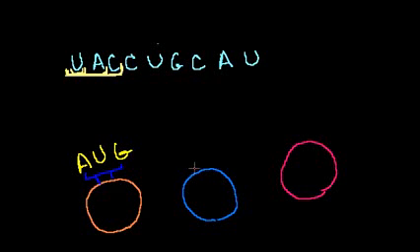And this one right here has, let's say, the code G, G, A, C. So what's going to happen?